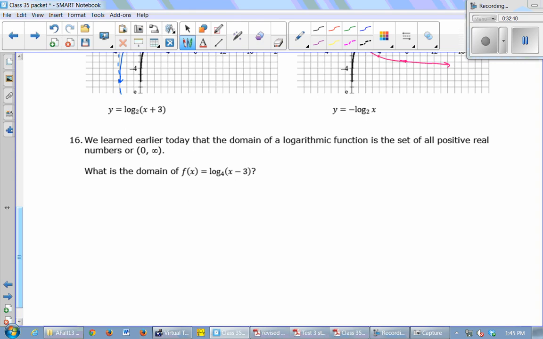Yeah, because whatever I'm taking the log of has to be bigger than 0. So x minus 3 has to be bigger than 0, which means x has to be bigger than 3. Because the log function can only take numbers between 0 and infinity. So my domain would be 3 to infinity, not including the 3, because you can't take the log of 0.